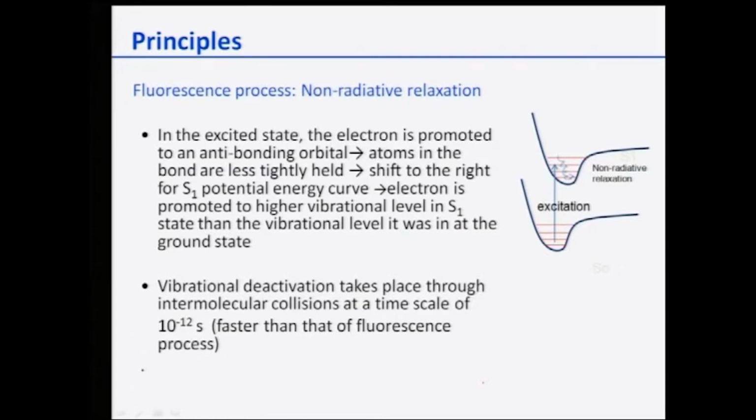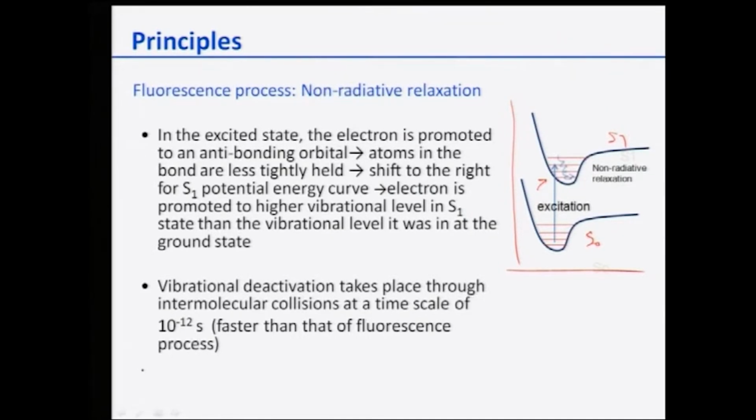That leads to a shift to the right of the S1 potential curve. So, this is energy. It is leading to a shift to the right of the excited potential, this is S1 and this is S0. And the electron is promoted to a higher vibrational level of the S1 state than the vibrational level it was in in the ground state. This is what is called the state after excitation.